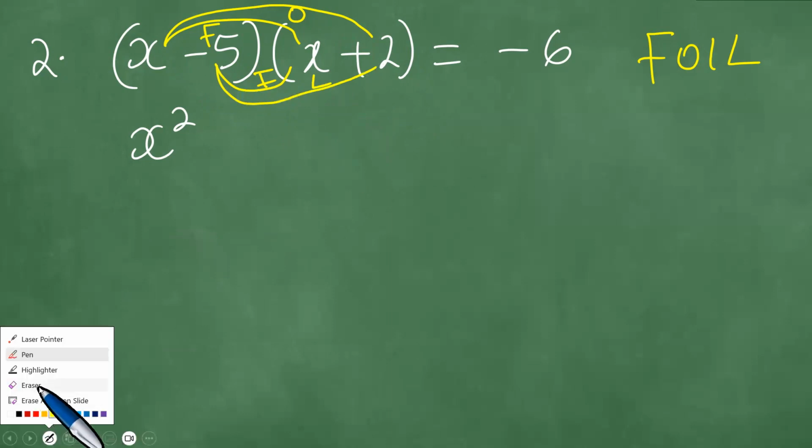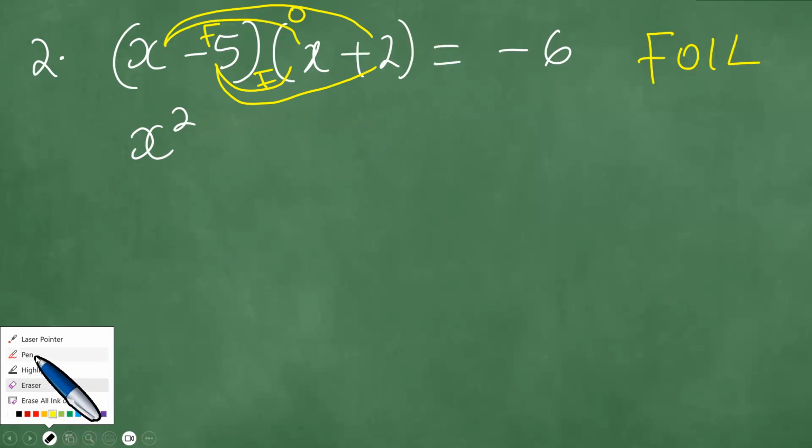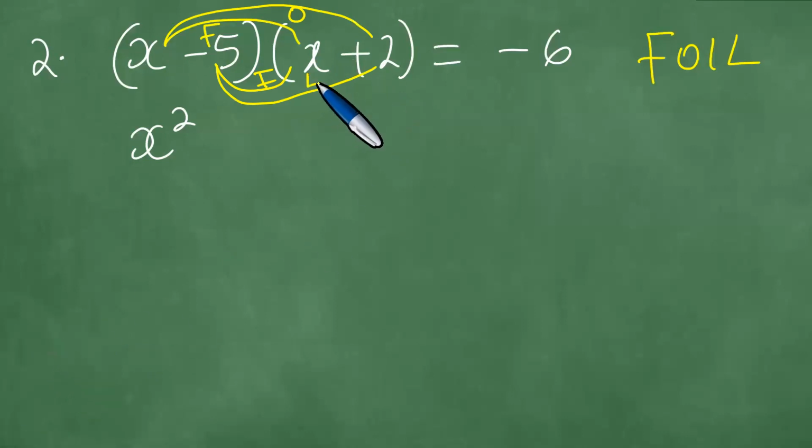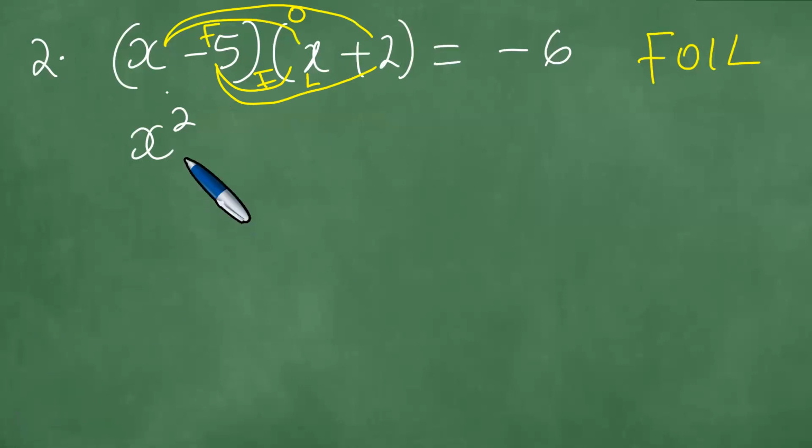So x by x is x squared. We start with the first, then we come to the outers. Looking at the outers, x by 2 is 2x, and minus 5 by x is minus 5x.